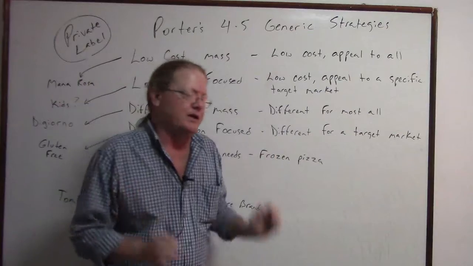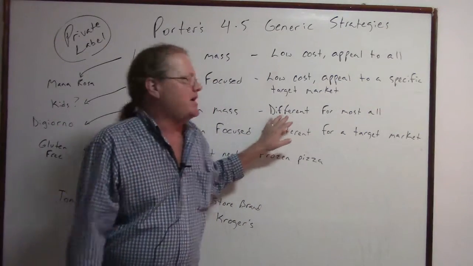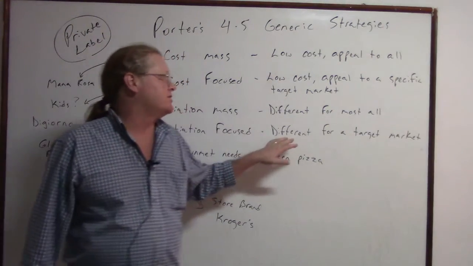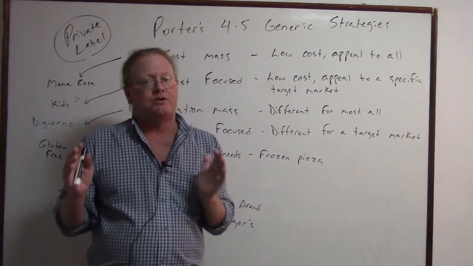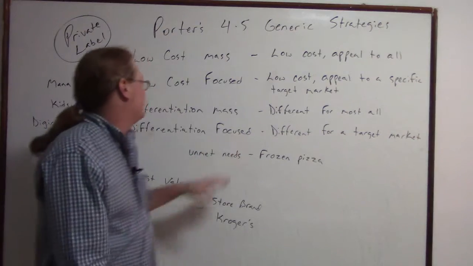Don't want to leave anybody out, but we want to have something special that other companies don't have. Number 4, we have differentiation focused, which is where we're trying to be different, but here again, for a specific target market. We want to focus on a specific target market.